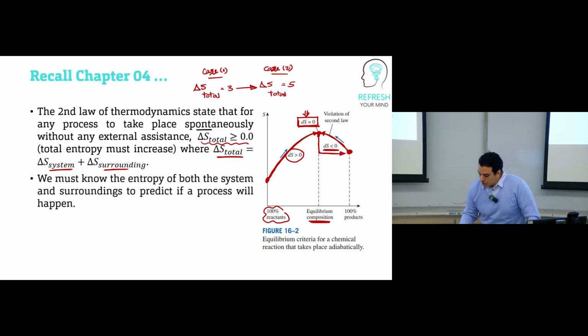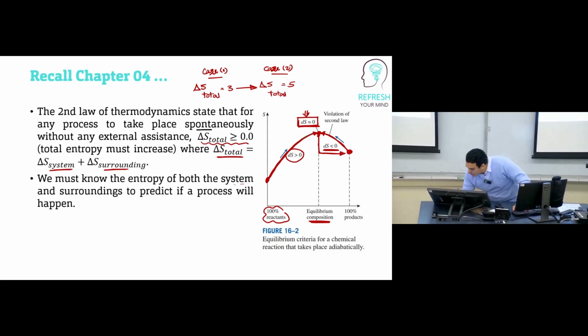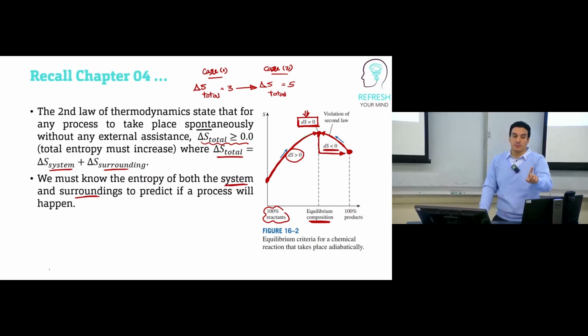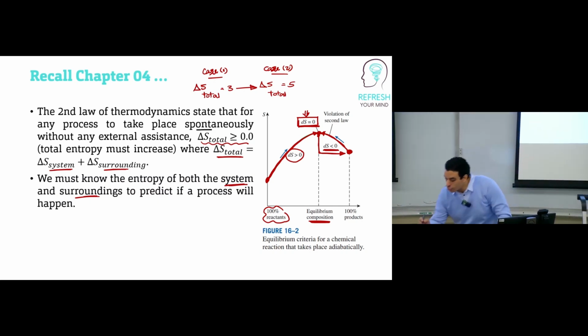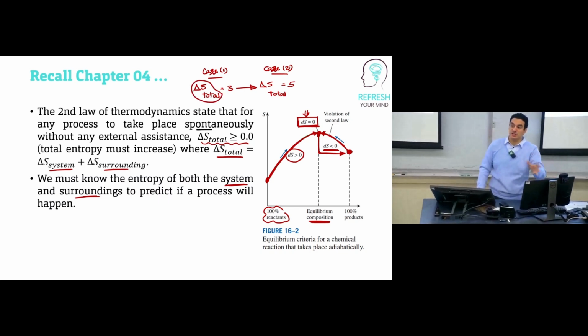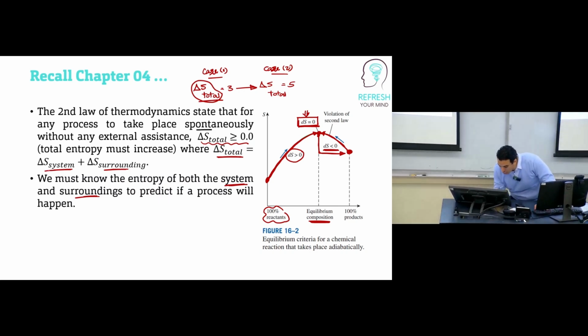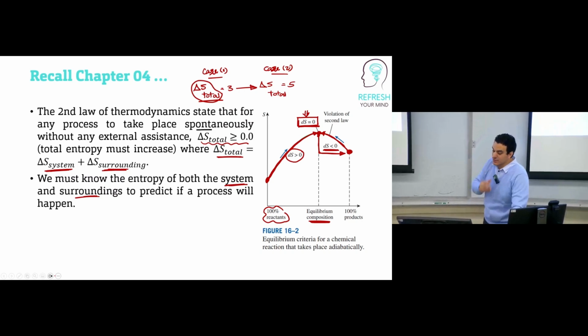In order to use entropy to describe this equilibrium composition, we should know the entropy of the system and the entropy of the surrounding. Not one of them. Both of them should exist, because we are comparing the total entropy change, not the entropy of the system, not the entropy of the surrounding. And in order to calculate the total entropy change, we should sum whatever is happening in the system and surrounding together.